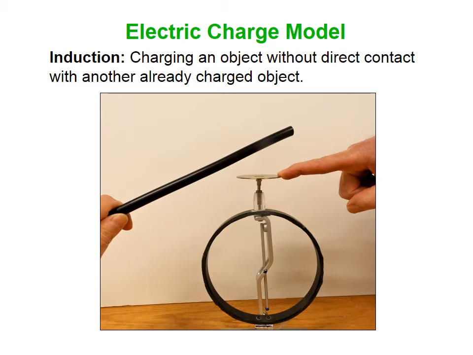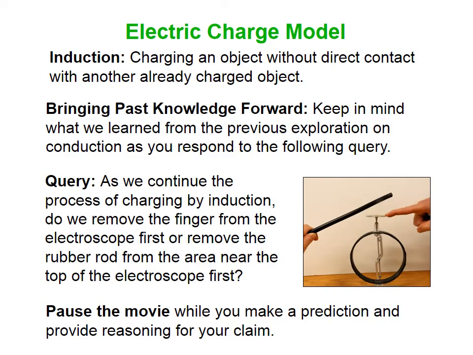The question now, though, is in this process, should I remove my finger next and then the rubber rod, or should I remove the rubber rod first and then my finger? Well, we'd like you to think back to your conduction lab. We did a process towards the end of the conduction lab where we touched the electroscope with our finger and saw what happened.